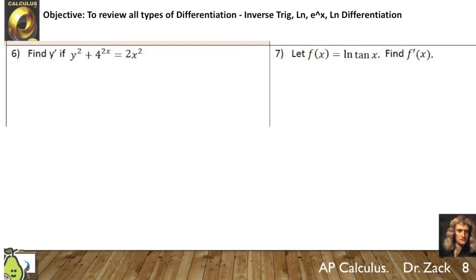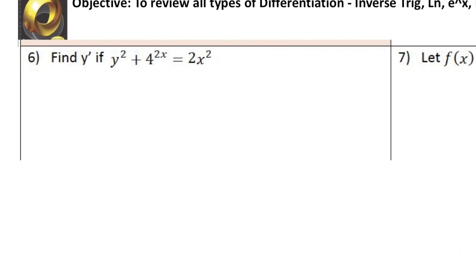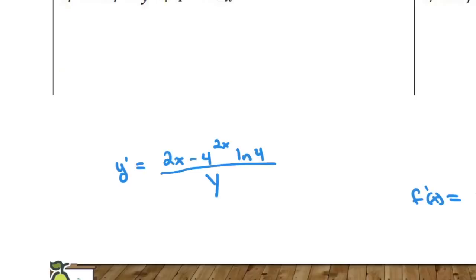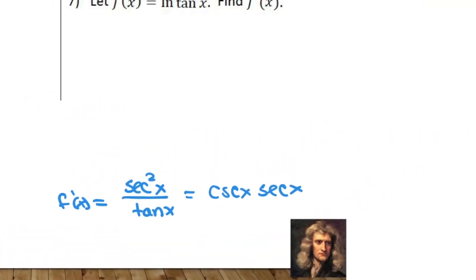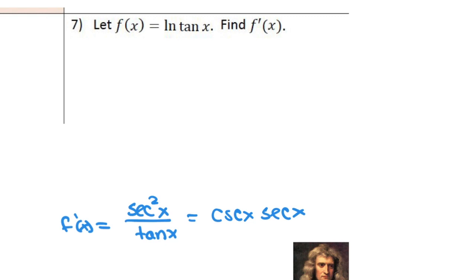For questions 6 and 7, you are showing me that you remember your basic derivative rules. So turn off the video and give these a try. After reminding yourself about the derivative of 4e to the 2x, you should eventually end up with the given answer. Question number 7, the natural log of tangent of x.